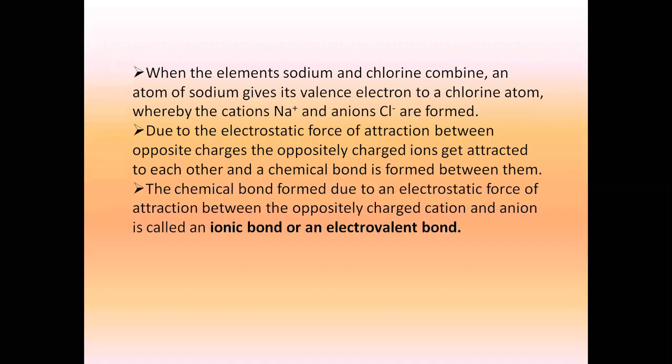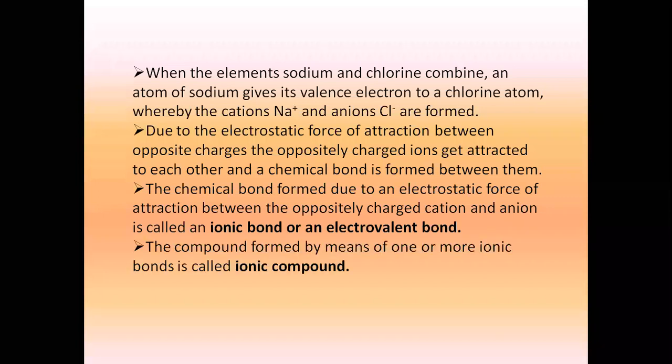So the chemical bond formed due to an electrostatic force of attraction between the oppositely charged cation and anion is called an ionic bond or electrovalent bond. In simple language, an ionic bond is a bond formed by give and take of electrons. The compound formed by means of one or more ionic bonds is called an ionic compound.